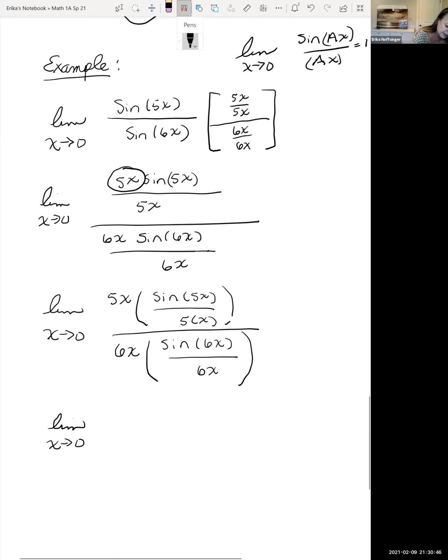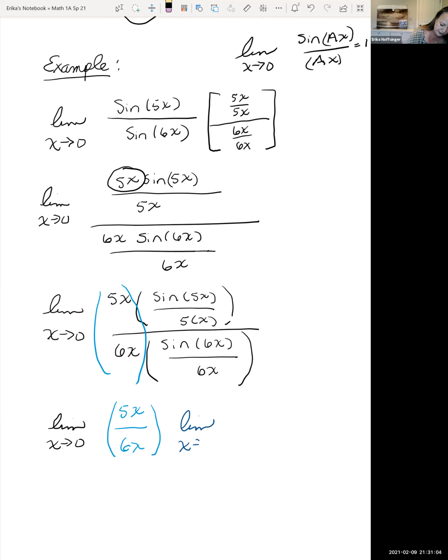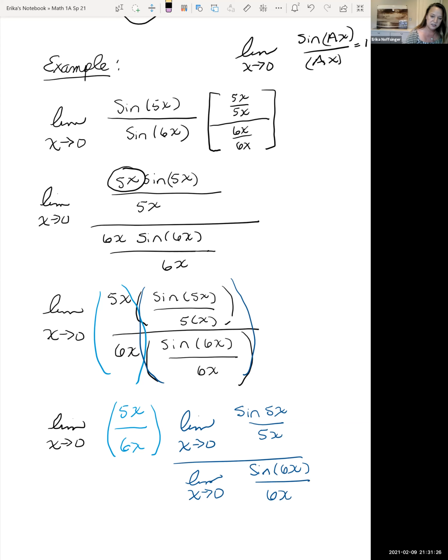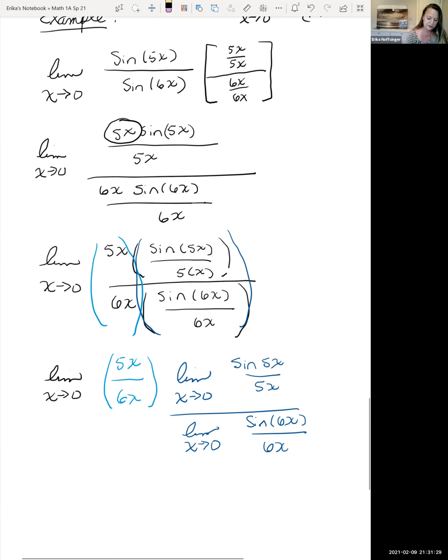Let's look at the limit of 5x over 6x times the limit as x goes to 0 of sine of 5x over 5x, all over the limit as x goes to 0 of sine of 6x over 6x. I'm just using the properties of limits that we've talked about in the past.